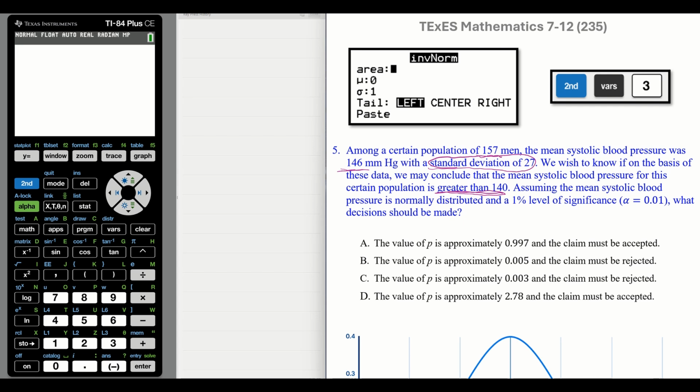Assuming the mean systolic blood pressure is normally distributed and a 1% level of significance, there's your alpha score, what decision should be made? Okay, let's decide.